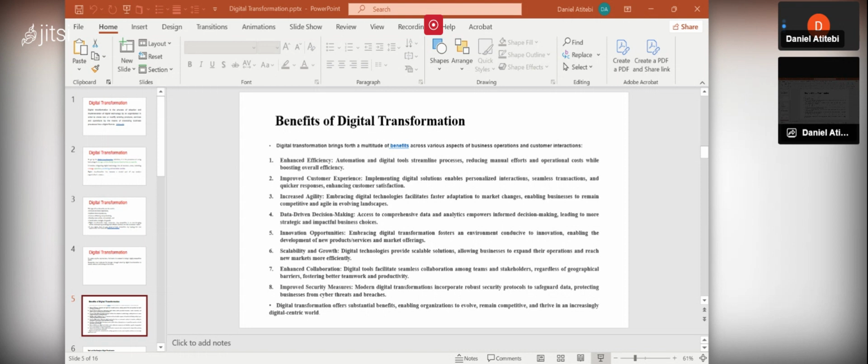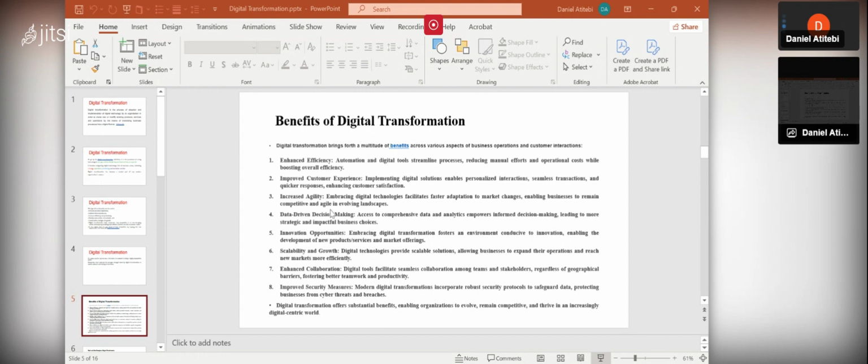So access to comprehensive data and analytics empowers informed decision making, leading to more strategic and impactful business choices. So digital transformation helps you to innovate. It provides innovation opportunities. Embracing digital transformation fosters an environment conducive to innovation, enabling the development of new products, services, and market offerings.